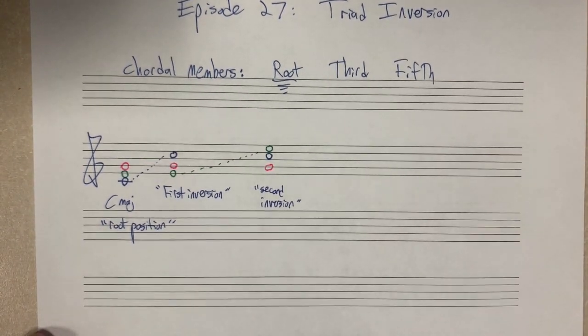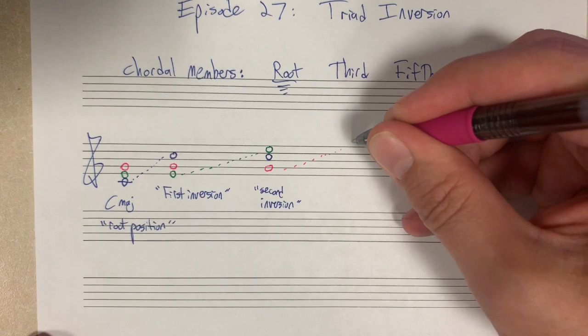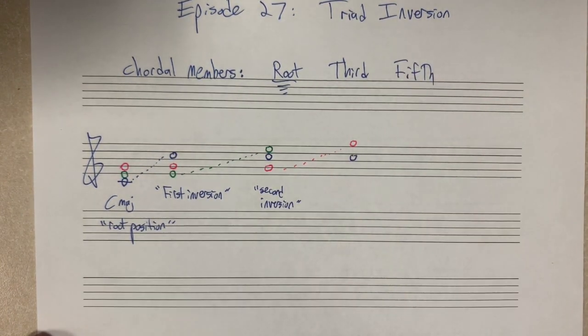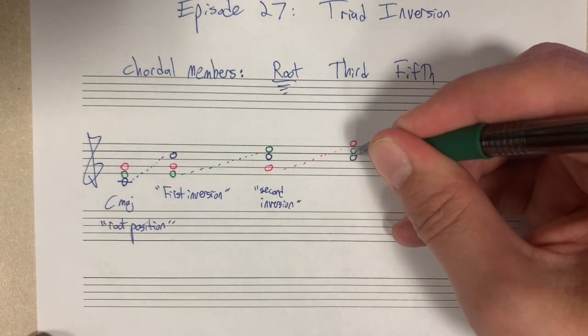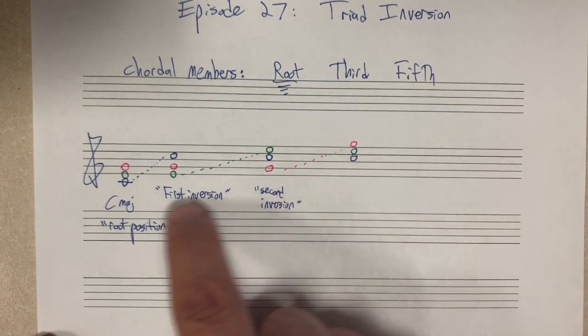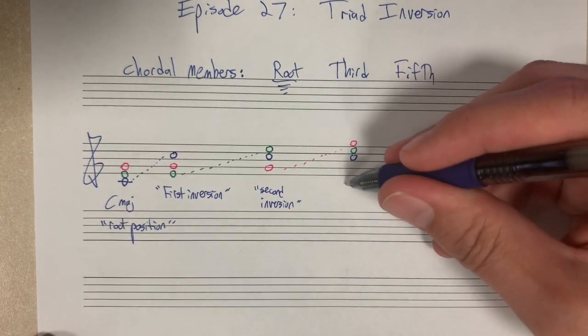So what if we did it again? What if we popped that G up an octave? It'd be up here. And then the C is still here, and the E is still here. Well, by gum, now the C is the bottom note again. Everything is higher, but it's still the same order it used to be. So we're back to root position.